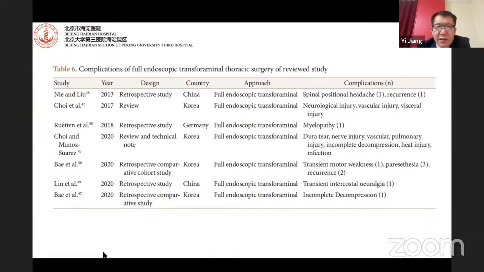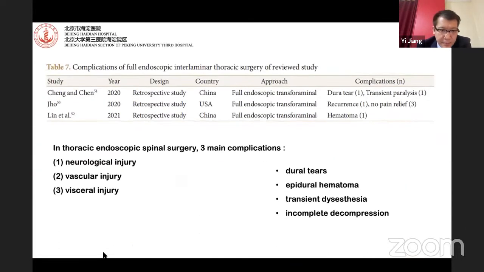The complications of full endoscopic transforaminal thoracic surgery are sometimes headache, recurrence, dural tears, and nerve injury. There are 3 main complications.